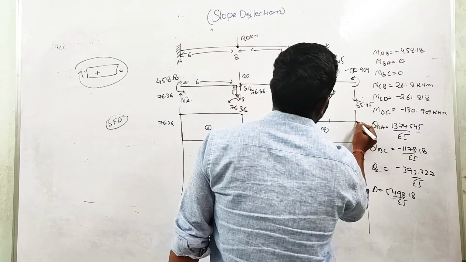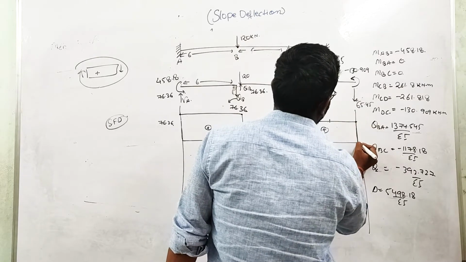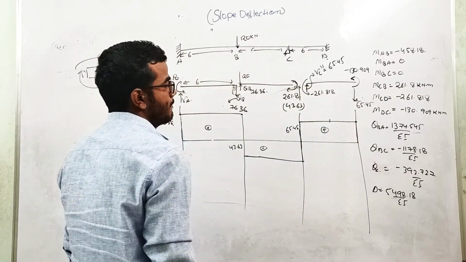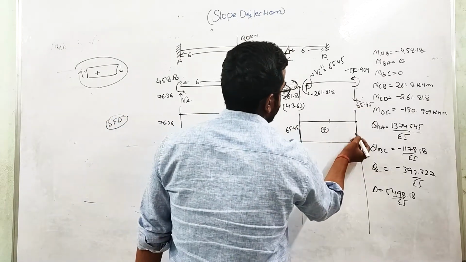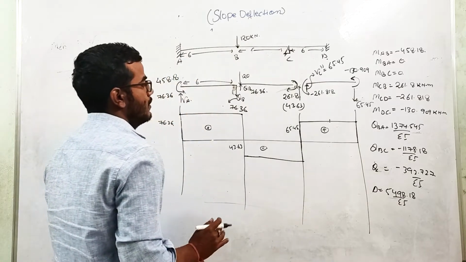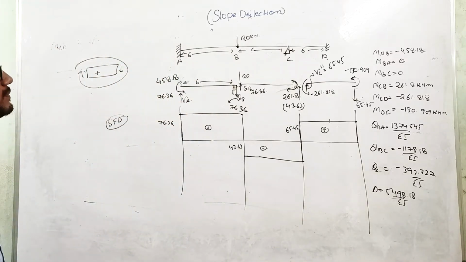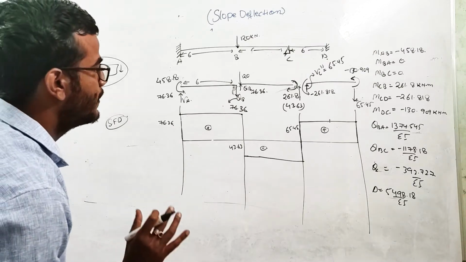And at the end it will come down like this. If you start from here, you can see this shear force is positive, so it will start from there. So guys, this is basically the shear force diagram for this beam.